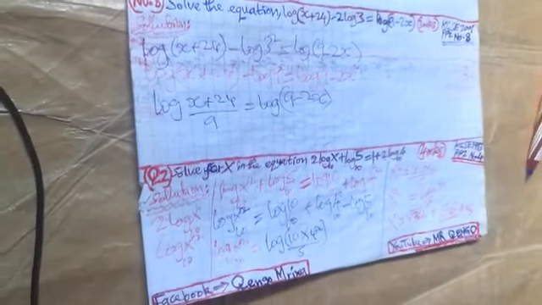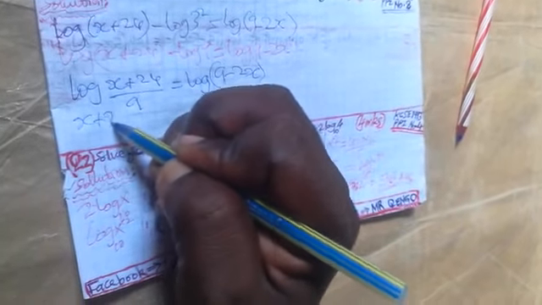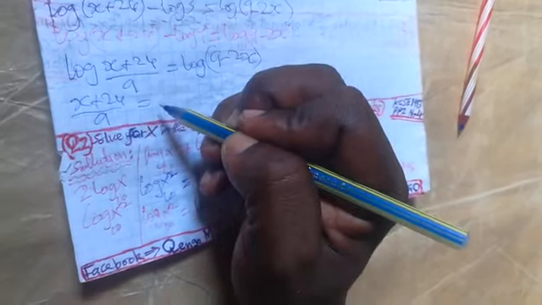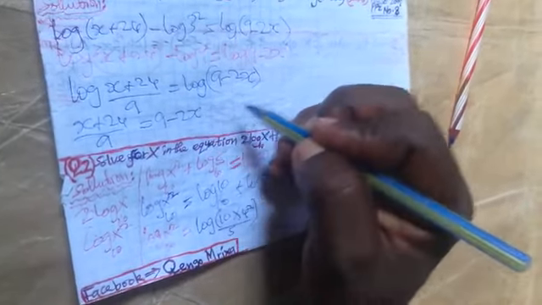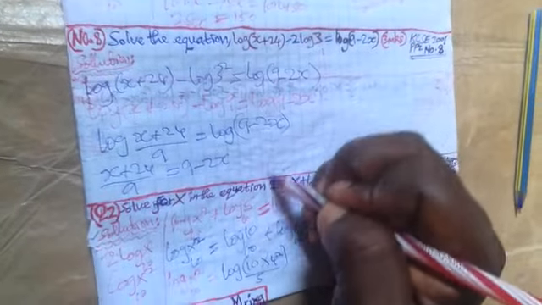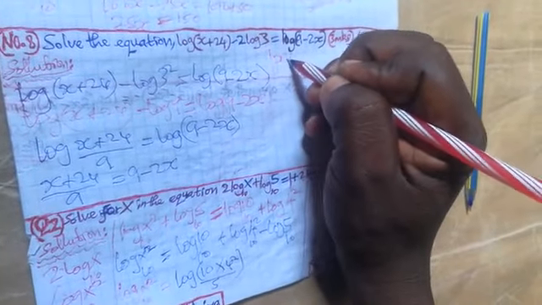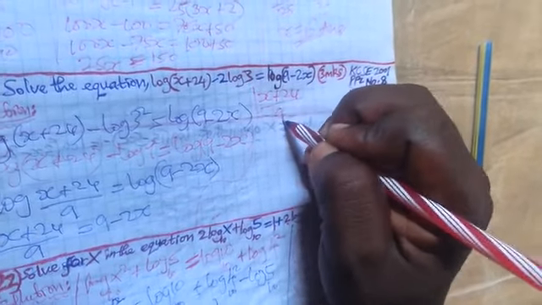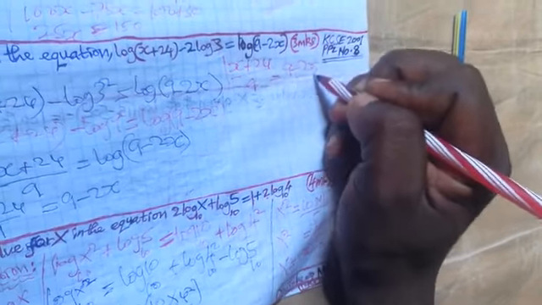By dropping the logs in both sides, x plus 24 over 9 is equal to 9 minus 2x. Okay, this will give us x plus 24 over 9 is equal to 9 minus 2x over 1.